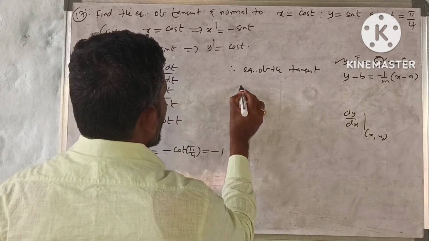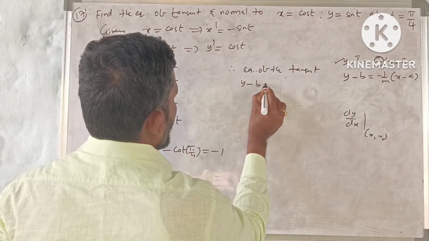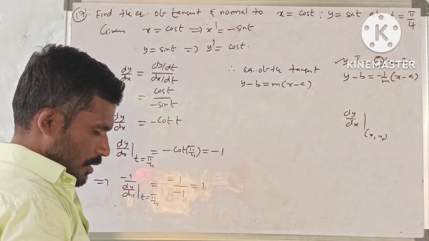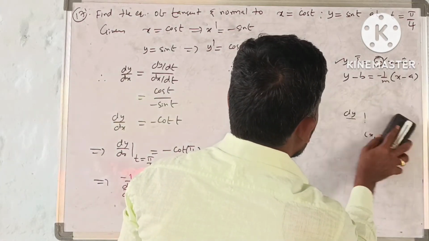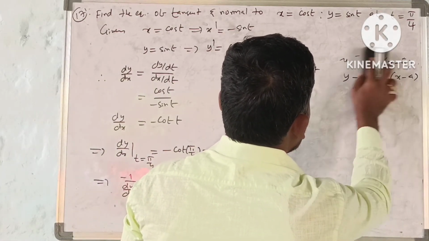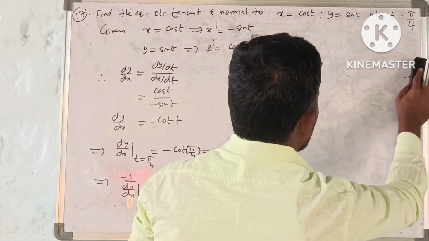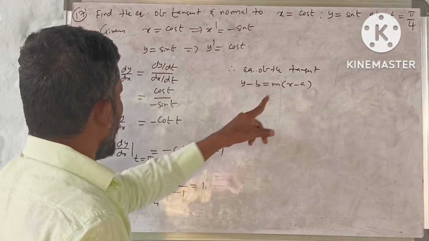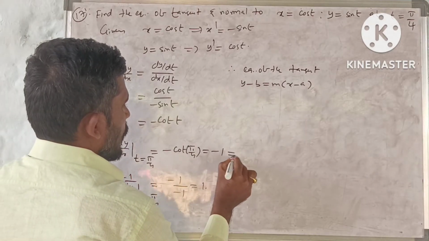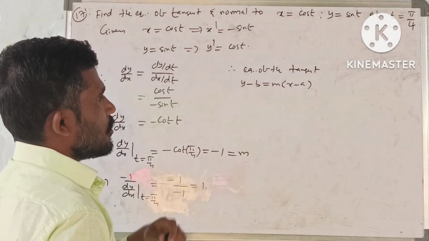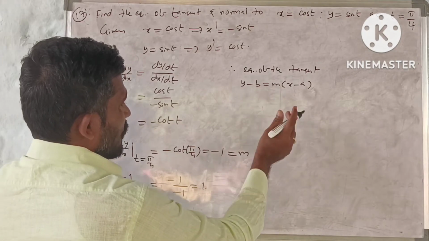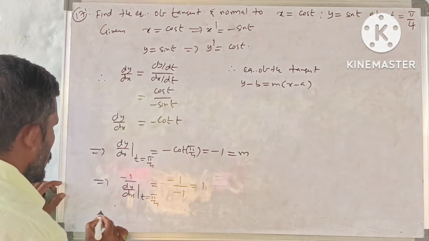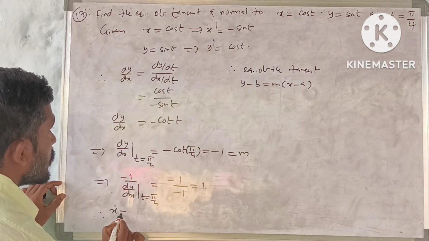the equation of the tangent principle is y minus b equal to m into x minus a. Here y minus b is equal to m, so that is the slope of the tangent, which we got. We got the slope of the tangent, but what we need is the equation of the tangent, so we also have to find the a, b values. To find the a, b values, what is given is x is equal to cos t.